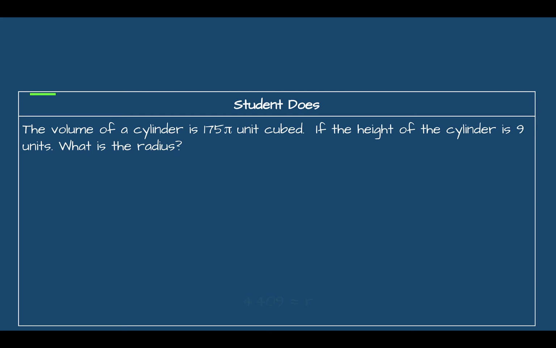Let's check. In the first one, you should have found that the radius of the cylinder was about 4.4. Here's how to get that. We start off with our volume formula for a cylinder. We know the volume was 175 pi, and we know the height was 9. We need to solve for r.